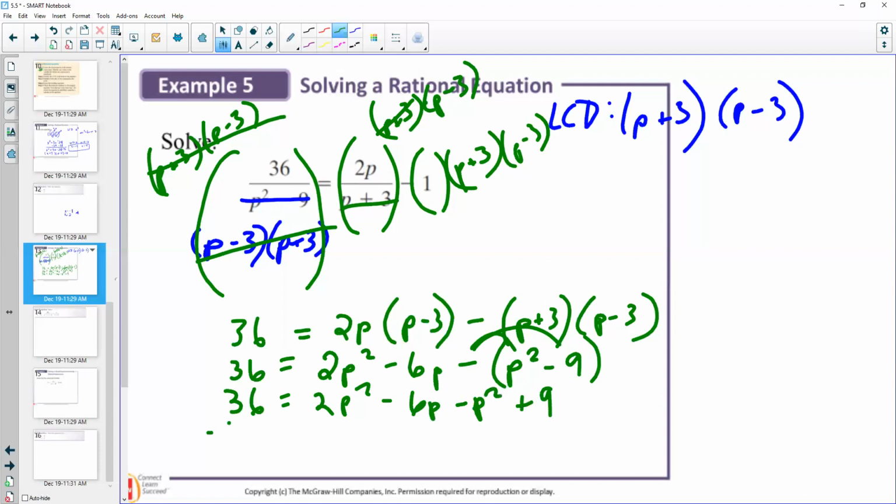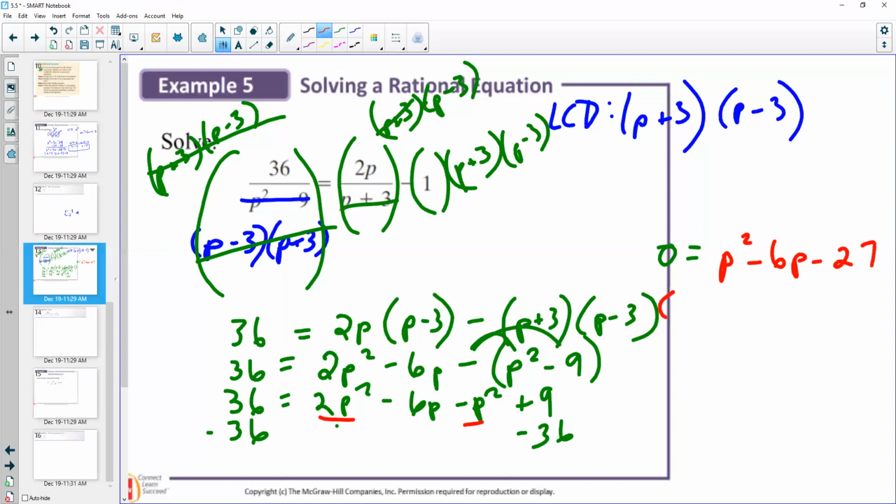Okay, I'm going to move the 36 over because I can see where this is headed, right? All right, so on this side I have a 0. 2p squared minus p squared just gets me p squared minus 6p. 9 plus negative 36 gets me negative 27.